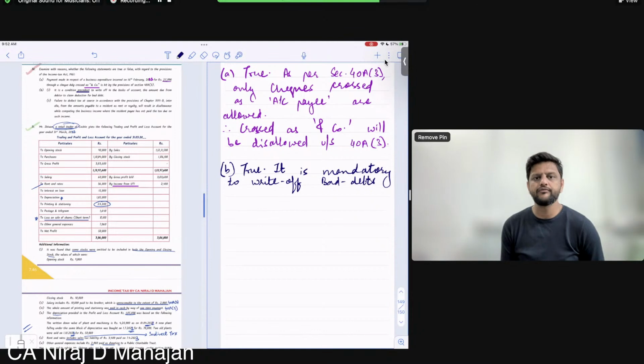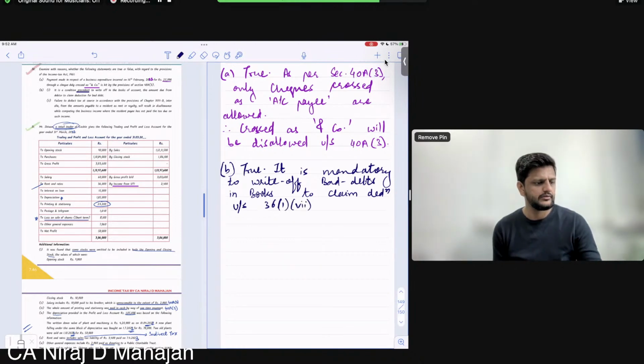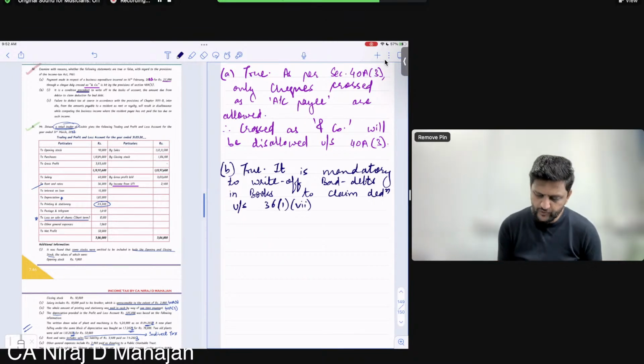It is mandatory to write off bad debts in books to claim deduction under section 36. Correct, na? Yes, still all of you? Correct, no? Full stop. However, but you are going to write down the exception.